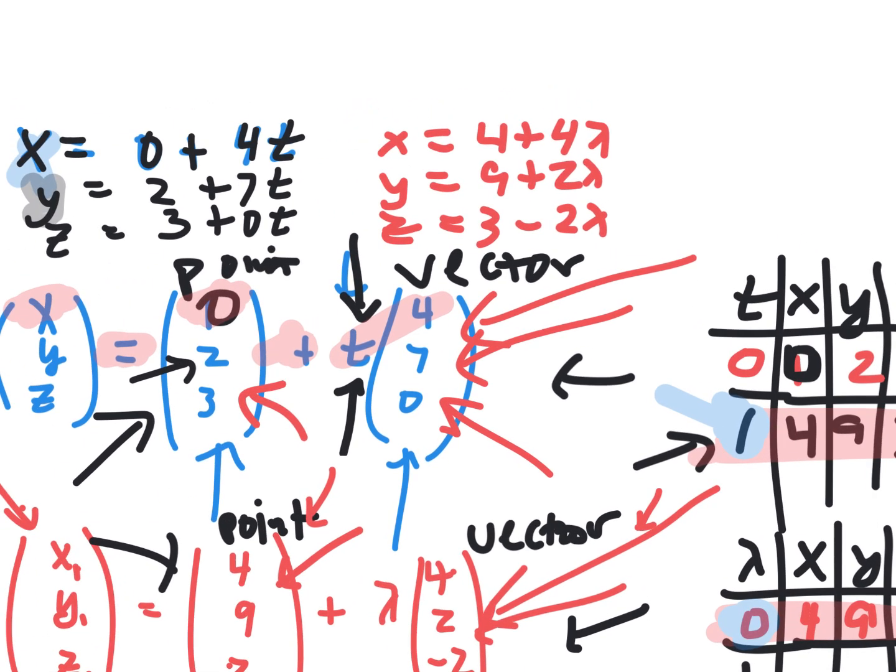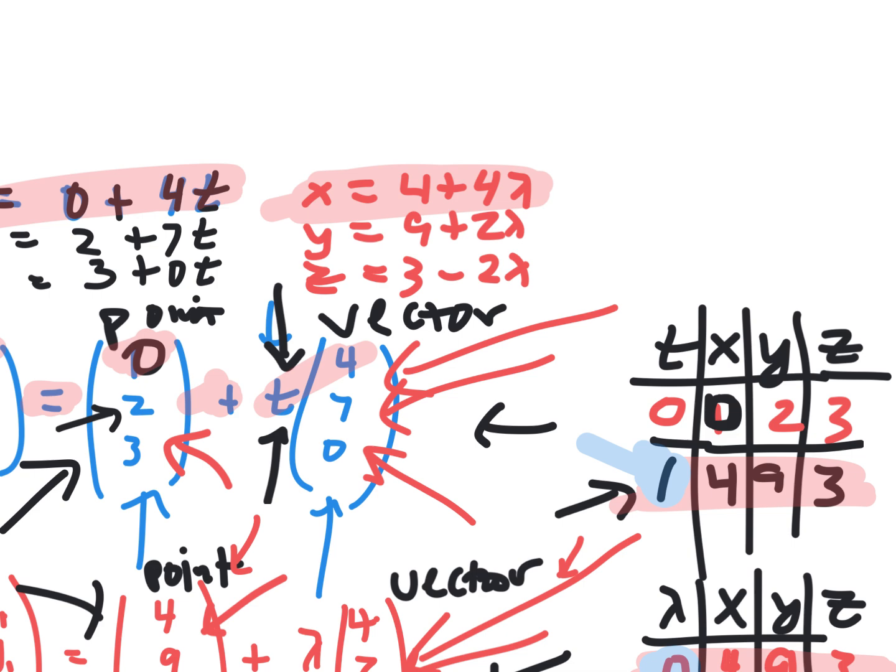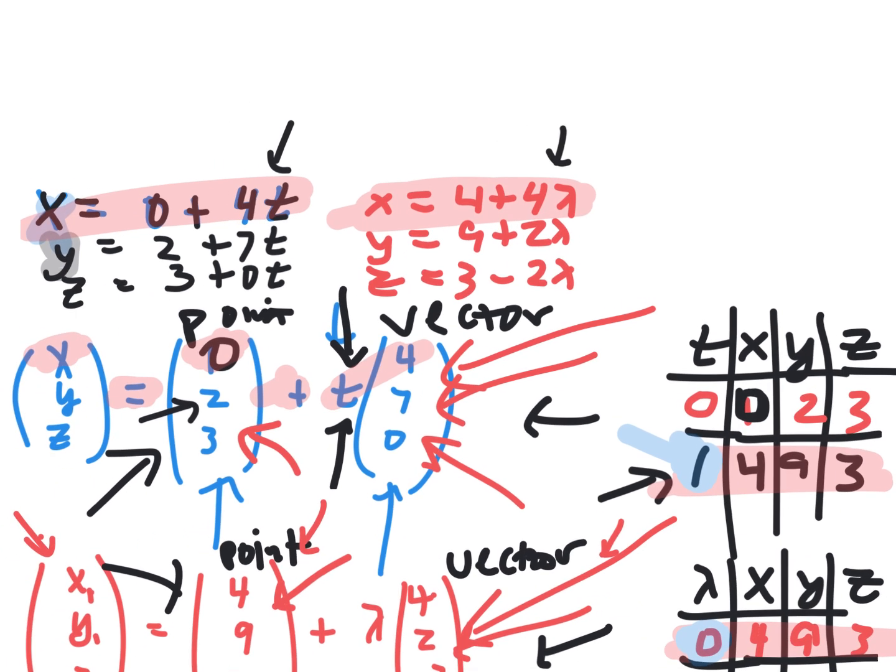Now, since I set them up right across from each other, can you see that that has to equal that because they're both x's? If x equals the one and x equals the other, then 4t must equal 4 plus 4 lambda.